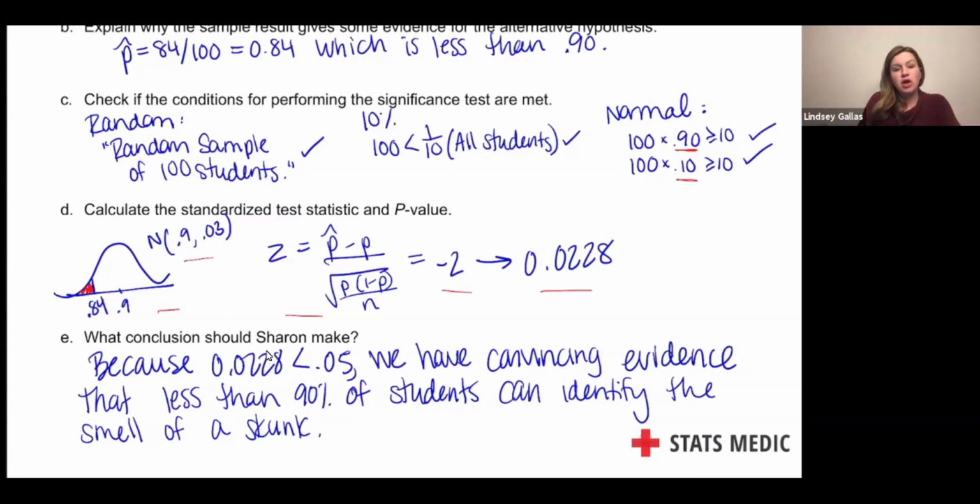Well, my p-value is below 5%. So because 0.0228 is less than 0.05, we do have convincing evidence that less than 90% of students can identify this smell. All right, so as mentioned in the next lesson, we're going to look into significance tests for proportions a little more and get even a little bit more formal and how you need to write this up exactly and formatting we'll be using.